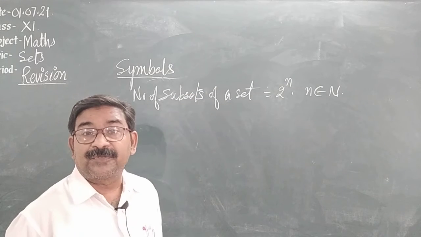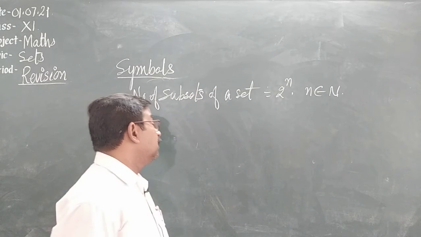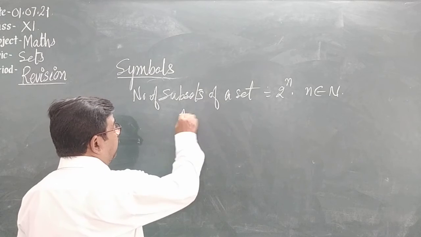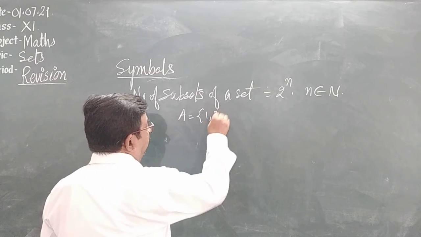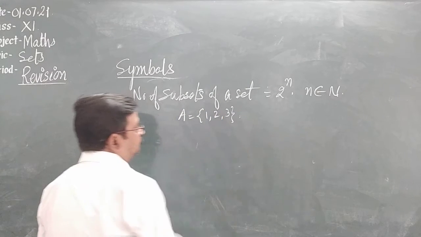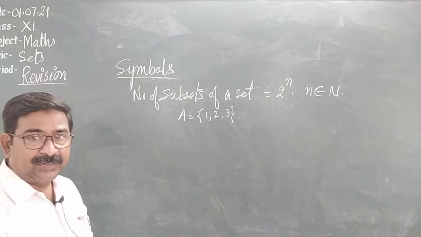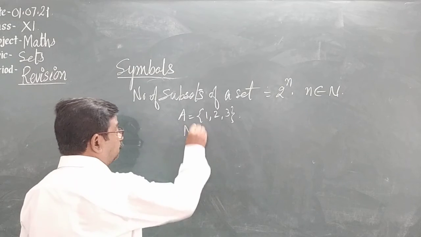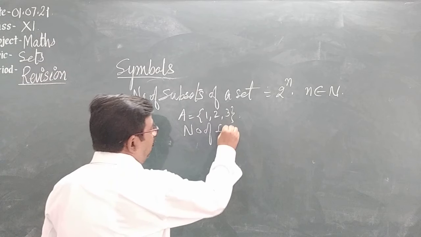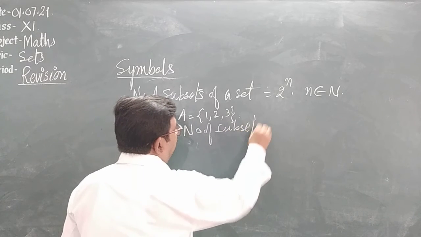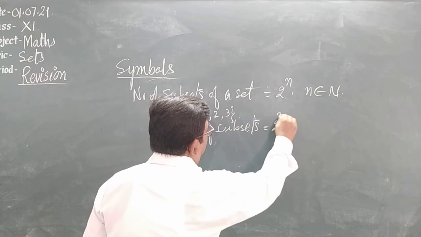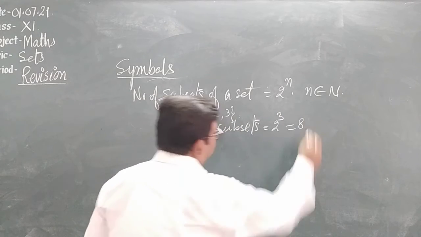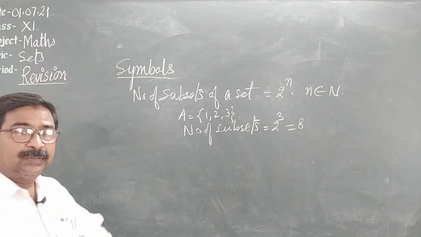For example, suppose we have a set A containing elements 1, 2, 3. 3 elements. Then how many subsets? The number of subsets is 2 to the power 3, that is 8.